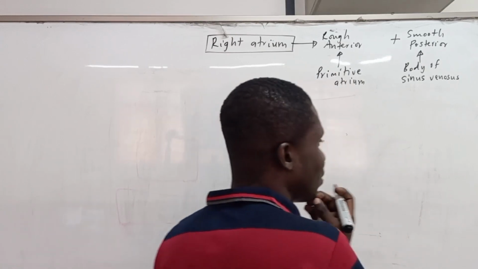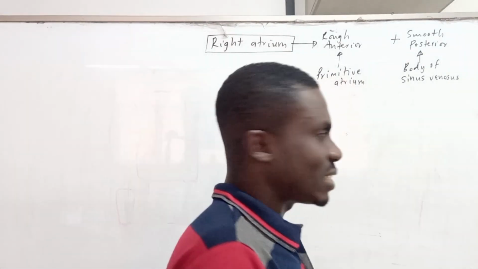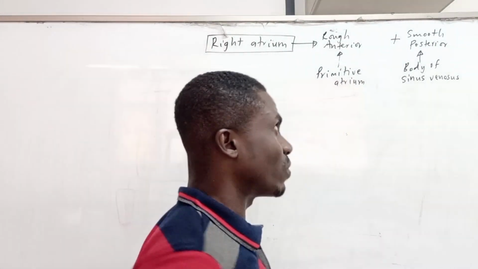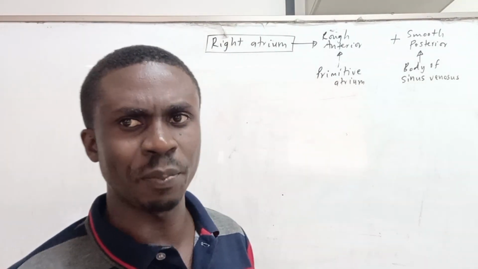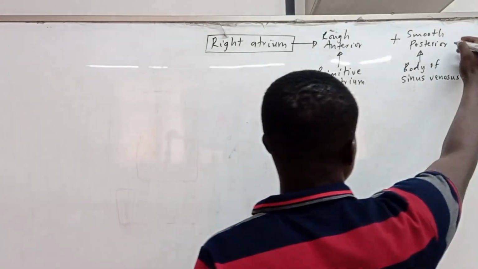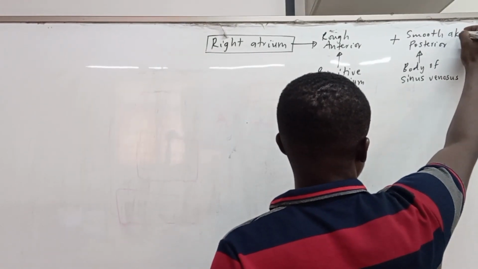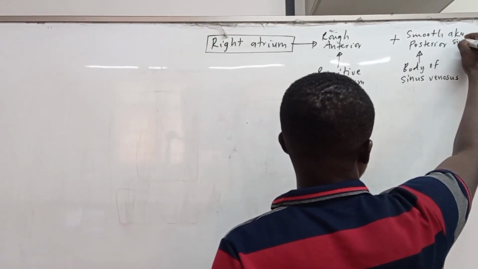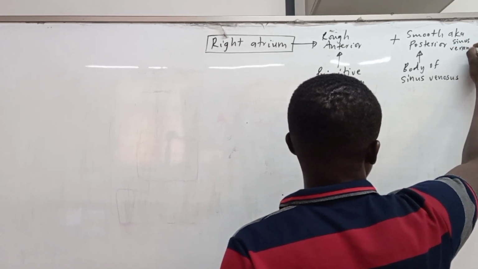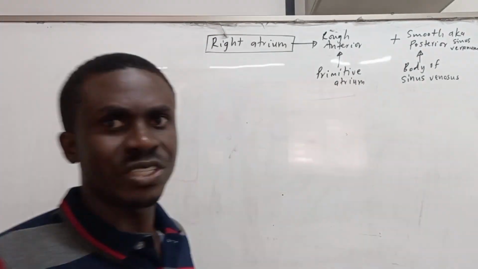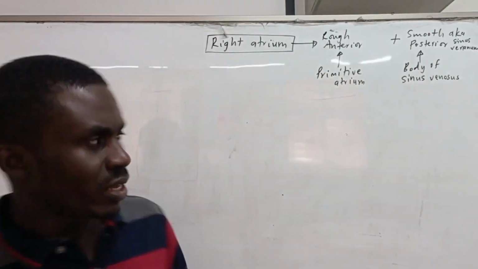But if I pin this area and you tell me it's a smooth posterior wall, how about another name? Then you can also call it, aka, also known as sinus venarum. Enough of that.